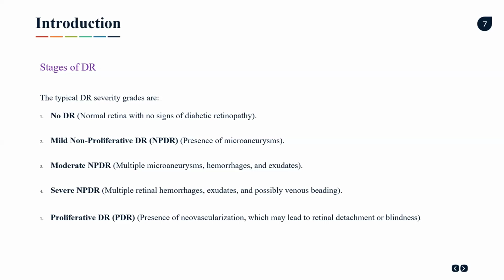If it is no DR, that means no abnormality is there. If it is mild, that means only microaneurysms are there. If it is moderate, that means it is categorized between mild and severe. If it is severe, that means there is the presence of venous bleeding or some signs of proliferative DR.